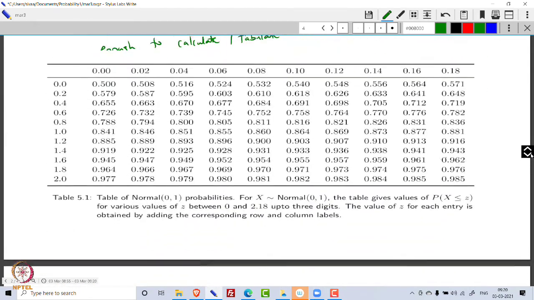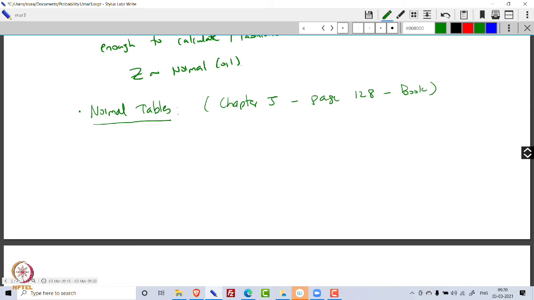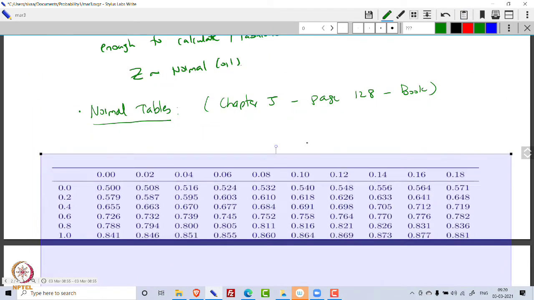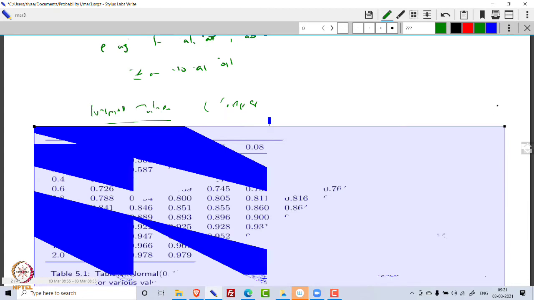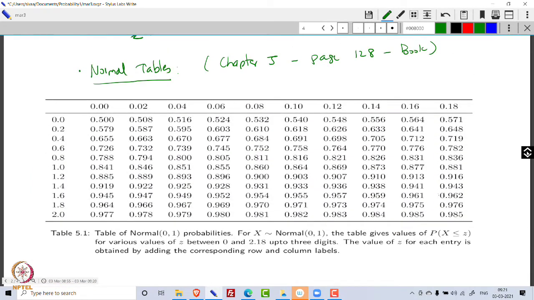This is a table I've given on the website, in the book's chapter, and it tabulates the probabilities of x less than or equal to z, where x is normal 0, 1. So what does this number represent?